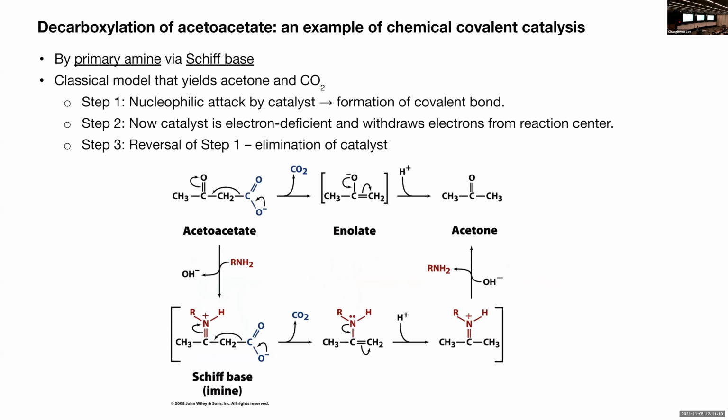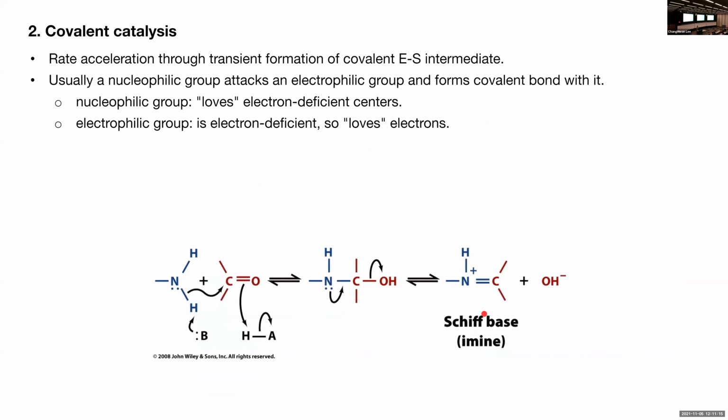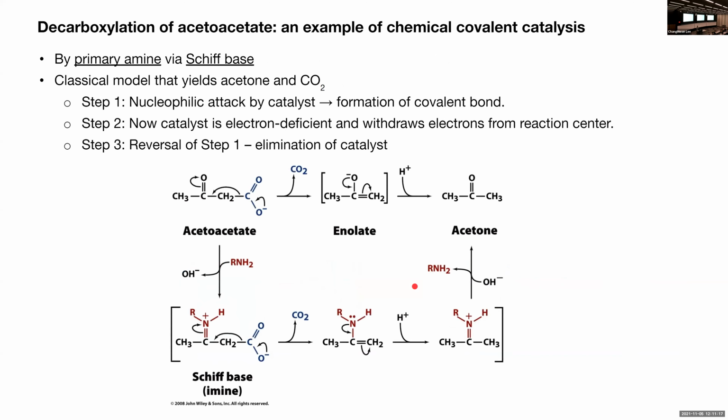All right. So we just talked about this and this one too. Acetoacetate becomes acetone, and this reaction can be accelerated by adding a primary amine, or something that has an amino group, working as the catalyst.